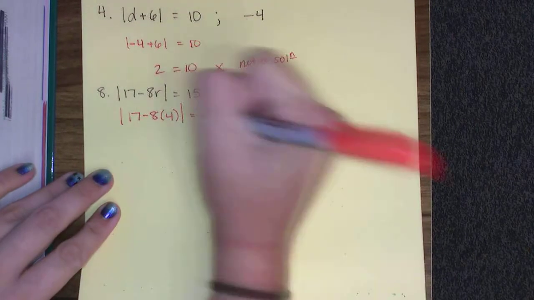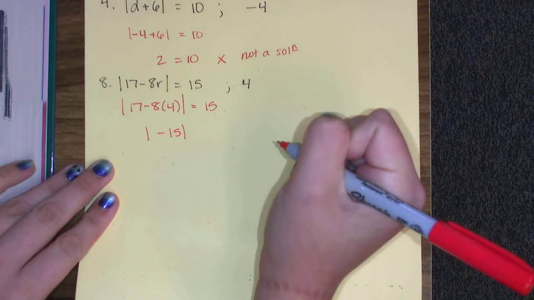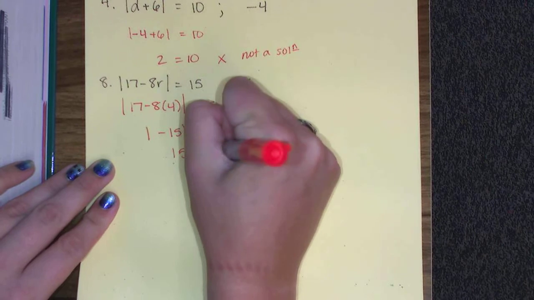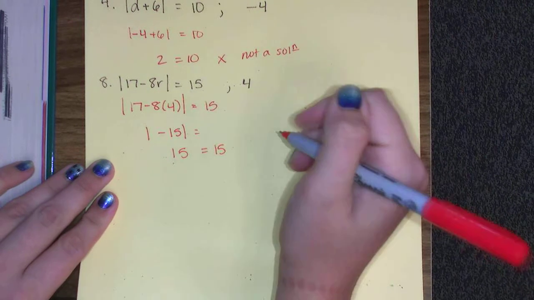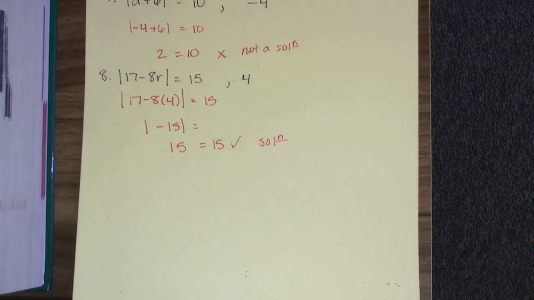Yeah, so it's important to keep the bars here, okay? Because this gives us -15, and then that actually gives us positive 15 because of the absolute value. So it is a solution.